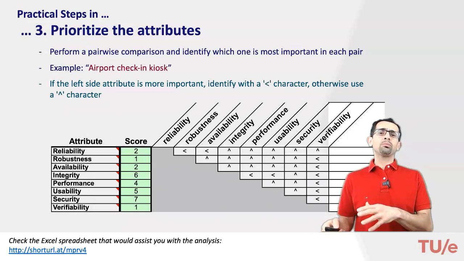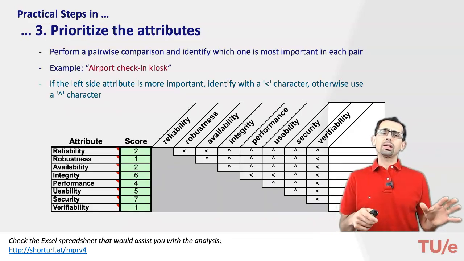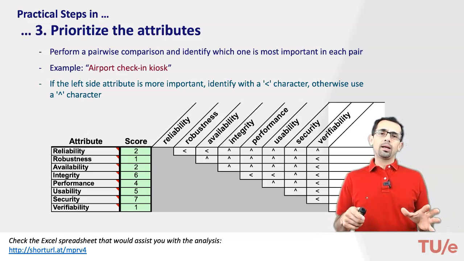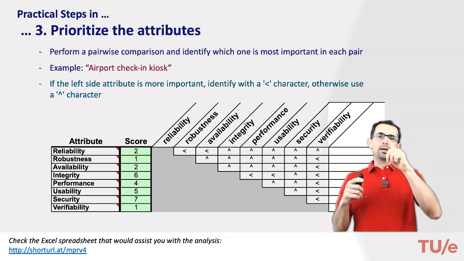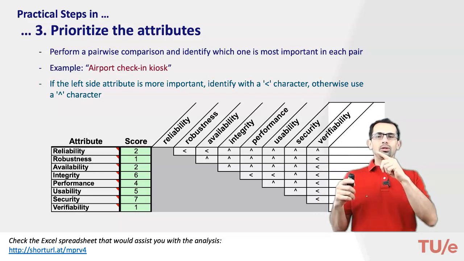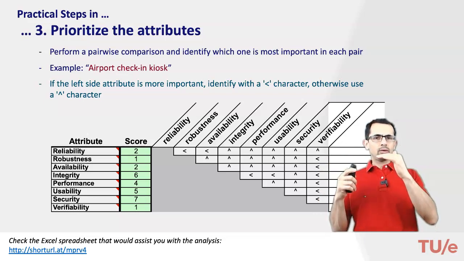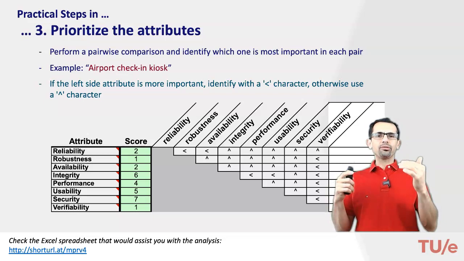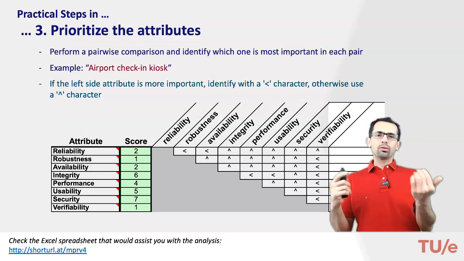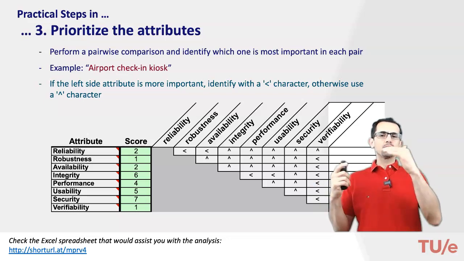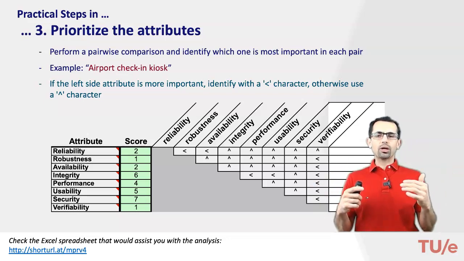Now, this is an example for an airport check-in kiosk, and what happens here is that you see the attributes that you already considered to be important for this airport kiosk. And what you do, you just do a pairwise comparison, so you can put them in a kind of matrix structure.